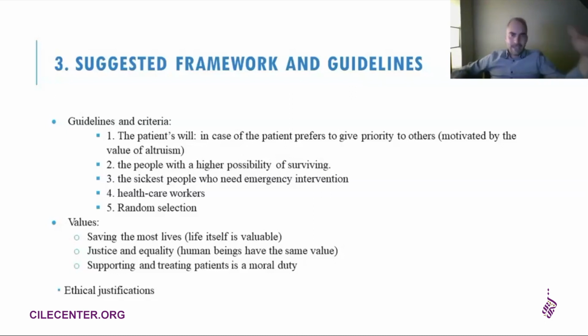Explaining how these values are achieved through the 5 criteria that I already listed takes time. But in general, to end with this sentence: ethical justifications justify and explain the philosophy and rationale behind this framework, and why we prioritize number 1 over number 2 and number 2 over number 3.